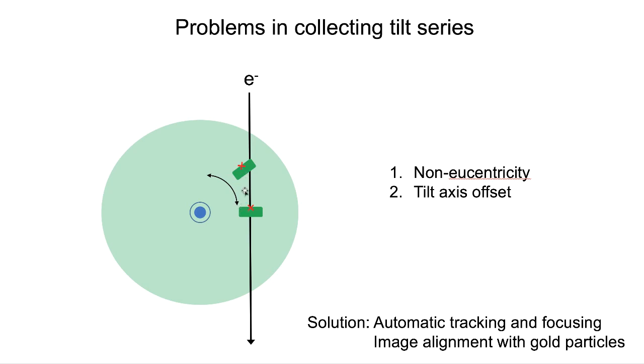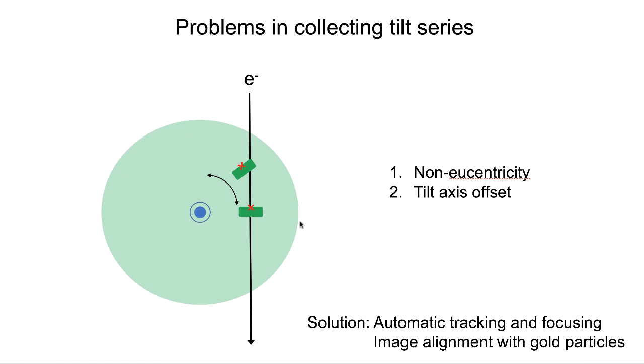So when its position changes, the XY stage has to move so that it stays in the same position in the electron beam. It also has to be able to change the Z position to keep it in focus, because as the Z position changes, the focus changes too. This is called non-eucentricity, and the theta axis offset.